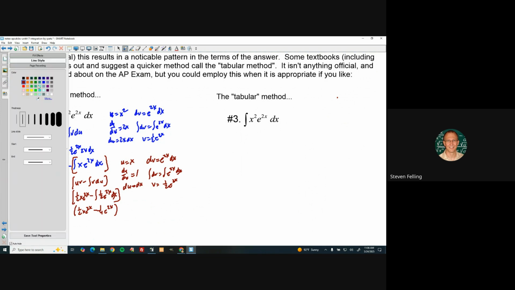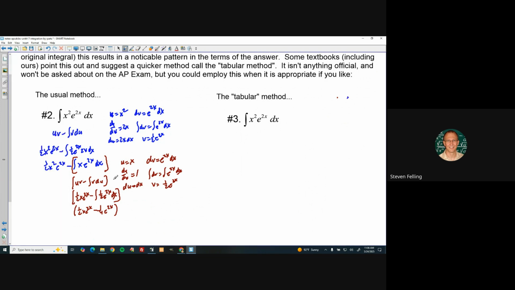And I can put the rest of the integral that that's inside of. I have a minus here, and that's 1/2 x squared e to the 2x. And we'll put our c on there. Distributing that negative, we get 1/2 x squared e to the 2x minus 1/2 x e to the 2x. Minus minus is positive 1/4 e to the 2x plus a c. So 3 terms plus the c. Right, so that's what you would write to show all the work for traditional two-step integration by parts.